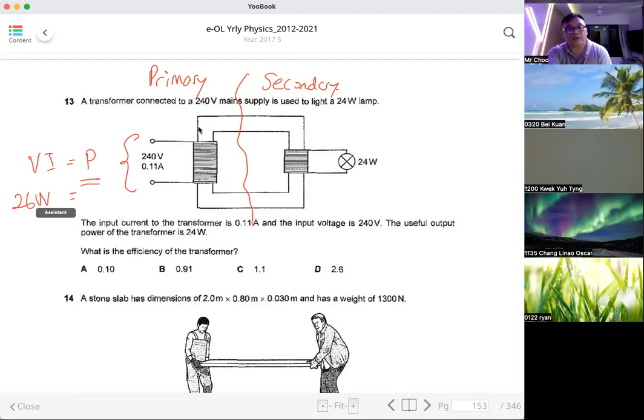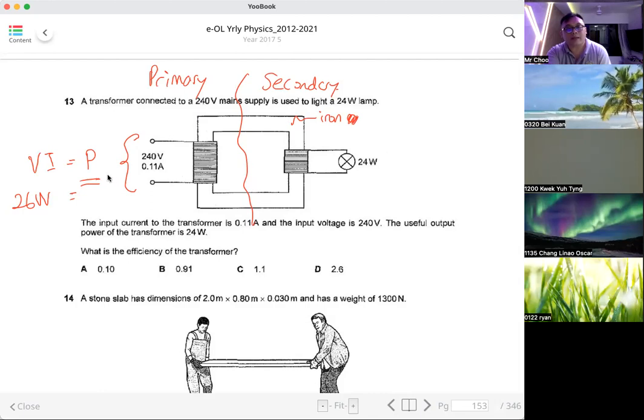Okay, so this is a transformer. This thing is made of iron, okay? You're going to learn that in the last few topics. Something like an electromagnet with a coil over it. So you actually make this whole thing magnetic. So whatever electrical power here can be transferred to the right side by electromagnetism.